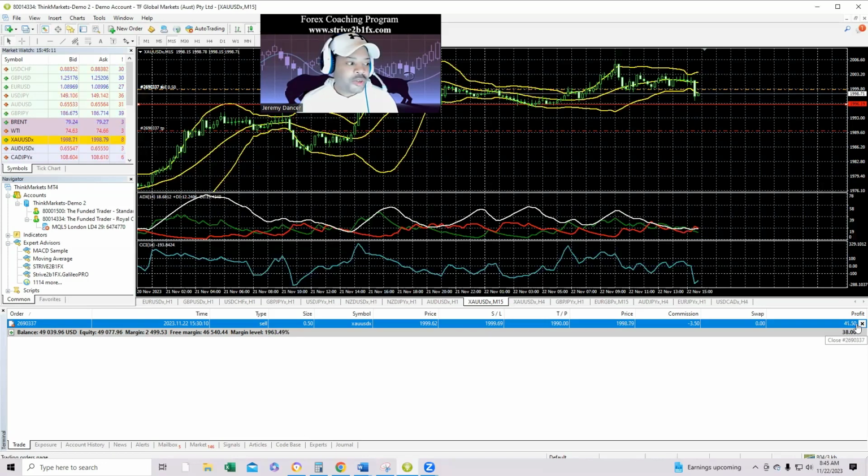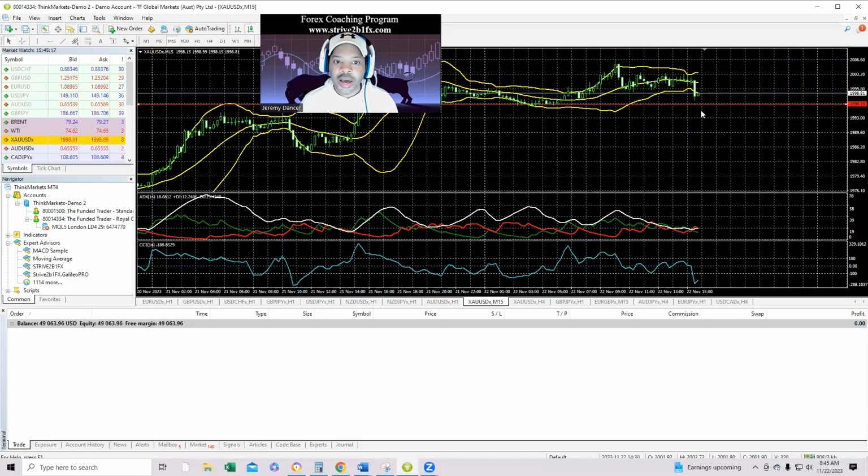So I'm going to go ahead and close this just because I don't like this demand that was being built, and I don't like that the next candle is going to be a green candle. So the bulls were successful in holding this off. So I'm going to try this again at 10 and see if I can get the move that I really wanted. And this is what it's like to be a full-time career trader.